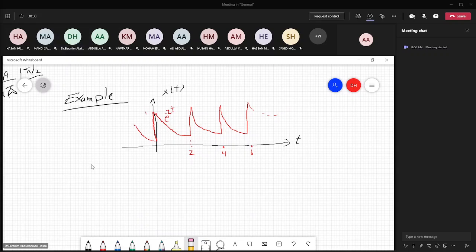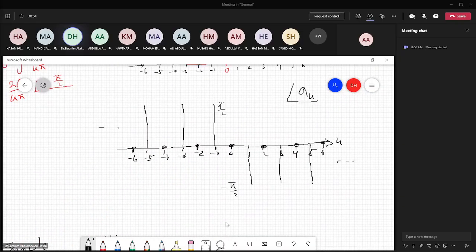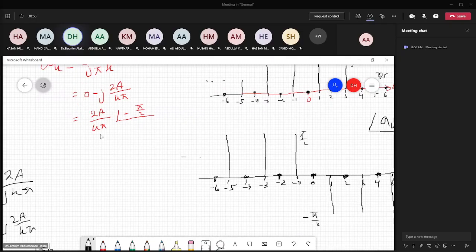Okay, form number 1, coefficient spectrum. Again, you don't need to find all x of t, because to draw the spectrum we need AK, only AK.